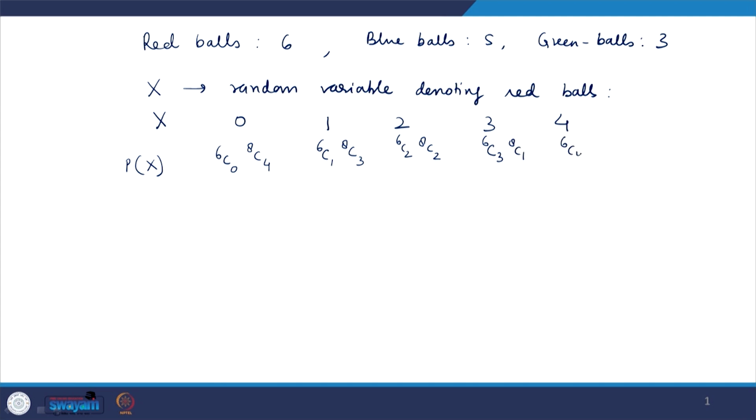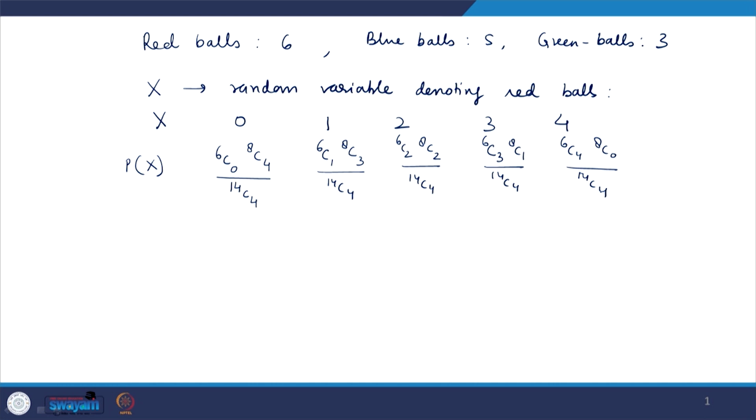And for 4 it is 6C4 and 8C0. And since it is a probability, it must be divided by the total cases. Total are 14 balls, out of which we are taking out 4 balls. So it must be divided by 14C4.